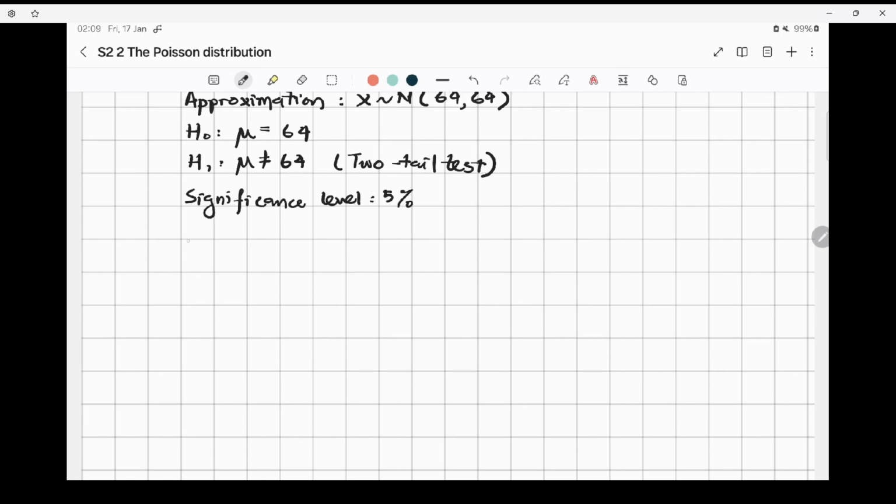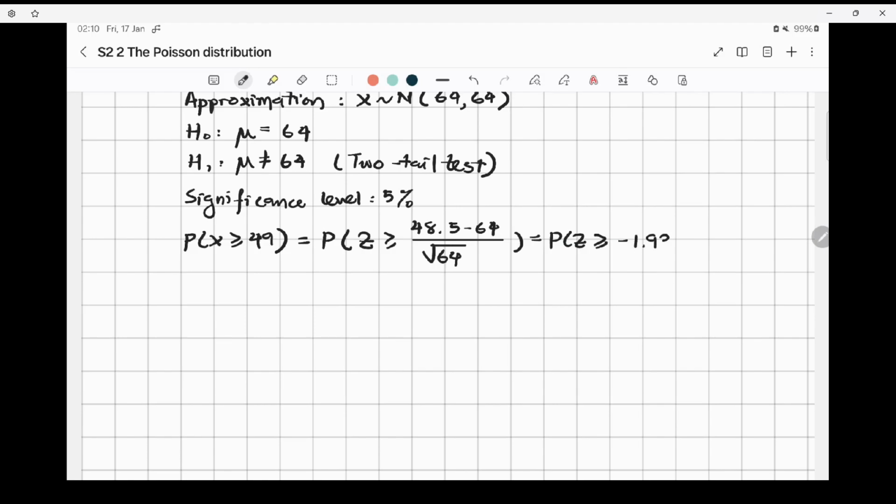So you find P(X) greater or equals to 49. You have to include 49 because in the question 49 is the number of misprints. So this is P(Z) greater or equals to. So if you want to include 49, you minus 1, minus 0.5. So this is P(Z) greater or equals to minus 1.938.